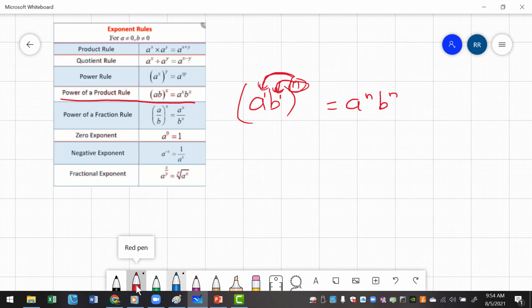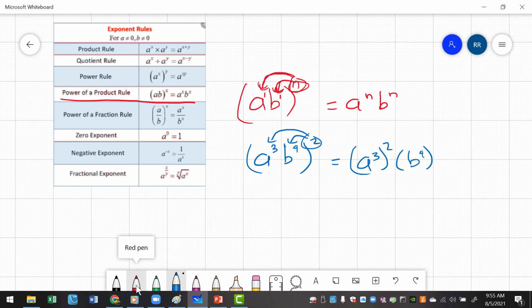In case you have a different power other than 1, let's say I have another example. Let's say I have a to the power of 3, and then I have b to the power of 4, and then I raise this again to the power of 2. Actually, this is like the combination of the power rule. So what this 2 does is distribute to each of the index forms inside the bracket. I can rewrite this as a to the power of 3 to the power of 2, and then b to the power of 4 to the power of 2.